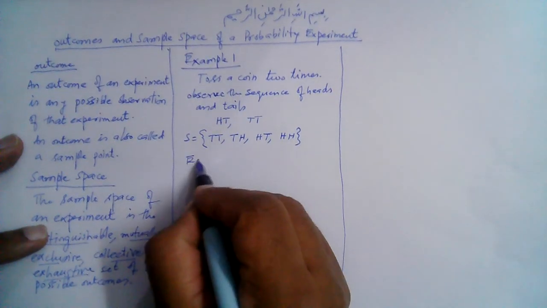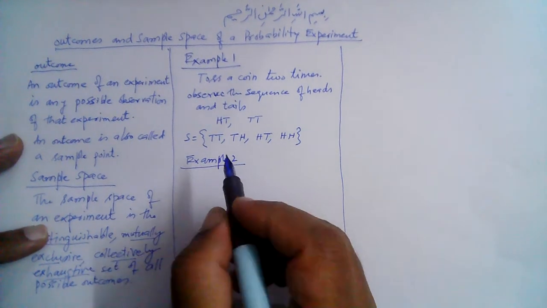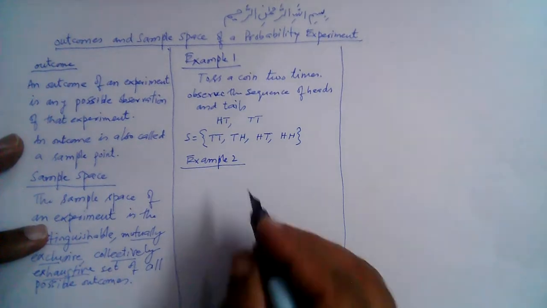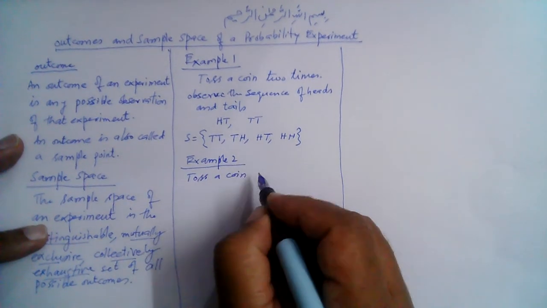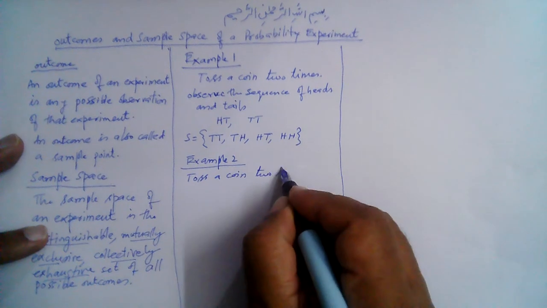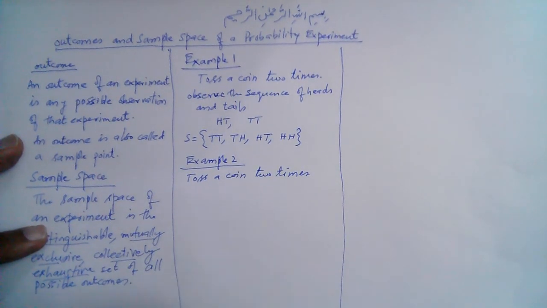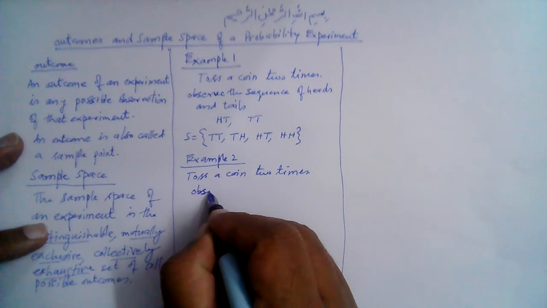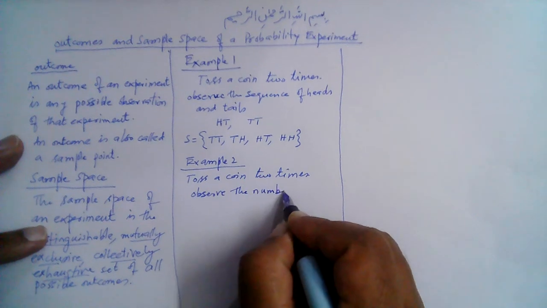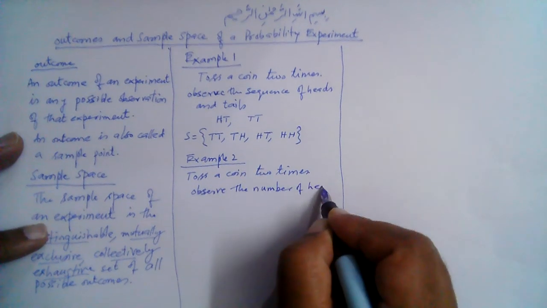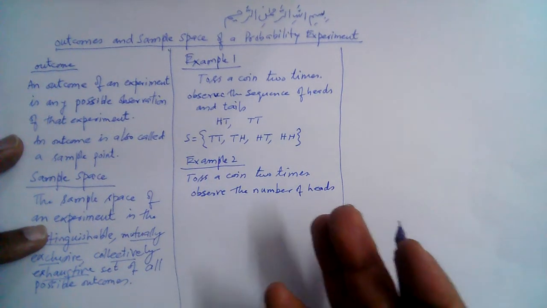And similarly, let's consider another example. Let's consider the same experiment with a different observation. For example, toss a coin 2 times, and now let's observe the number of heads. So there can be no head, there can be one head, or there can be 2 heads.